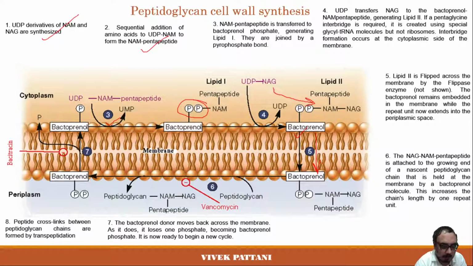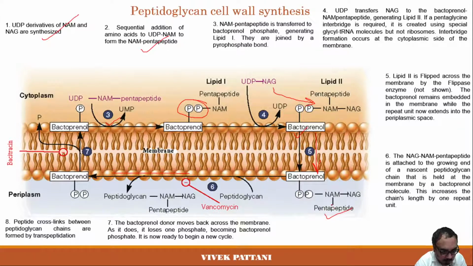Now moving further with the process, the NAG NAM pentapeptide is attached to the growing chain of the nascent peptidoglycan chain that is held at the membrane by bactoprenol, and this increases chain length by 1 repeat unit. Let us assume this is a chain of peptidoglycan which is being formed.